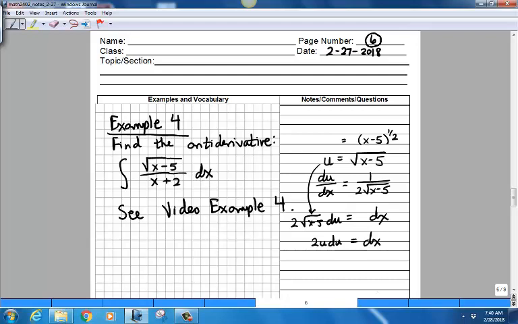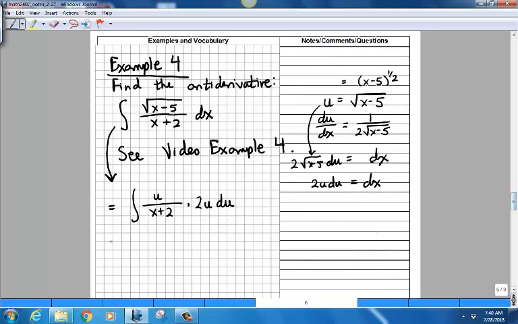So that when we substitute for square root of x minus 5 and when we substitute for dx in the original integrand, we're going to come up with u over x plus 2 times dx, which is 2u times du. So we end up with the integral of 2u squared over x plus 2 times du.